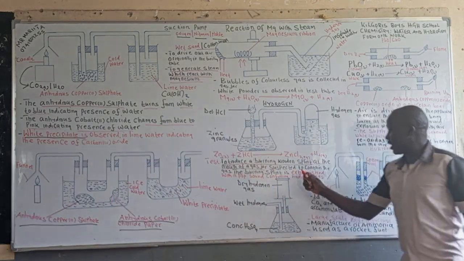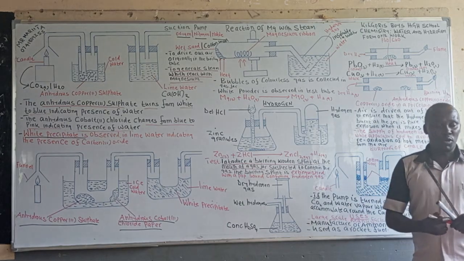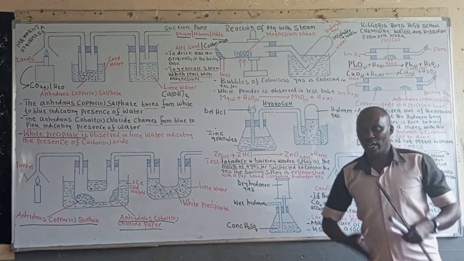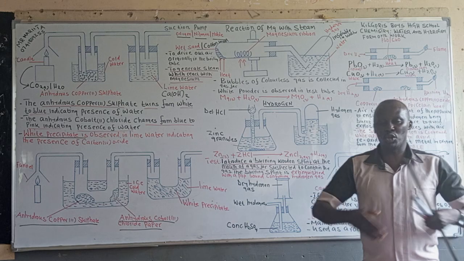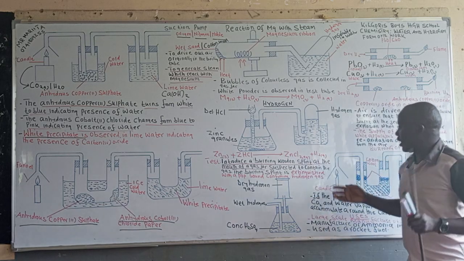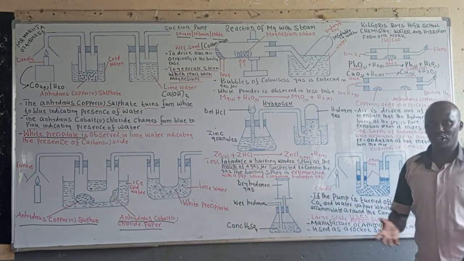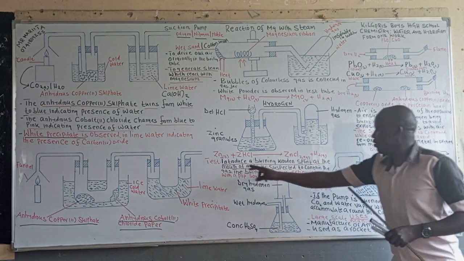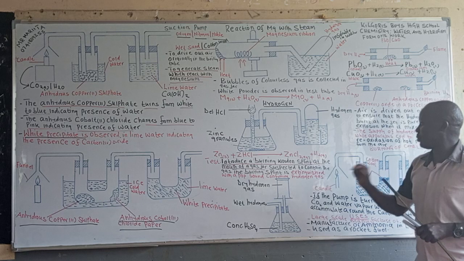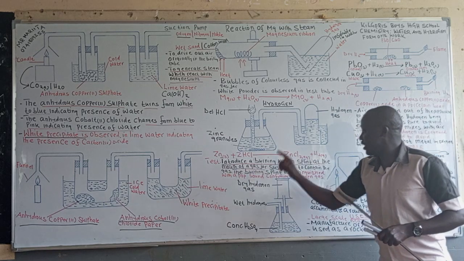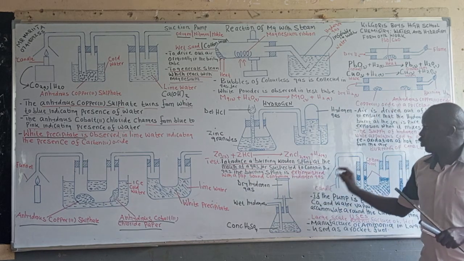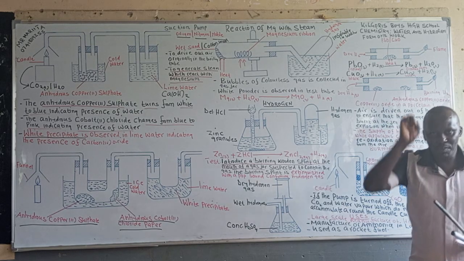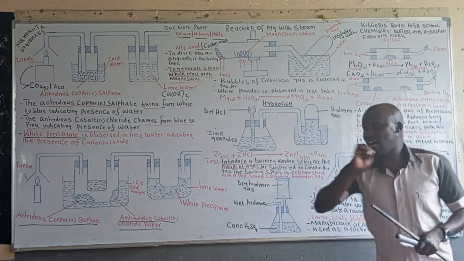Why do we say that the gas is suspected to contain hydrogen? Because you are describing and you are testing whether the gas is hydrogen. So you suspect that the gas chamber might contain hydrogen gas, so you introduce a burning wooden splint at its mouth.